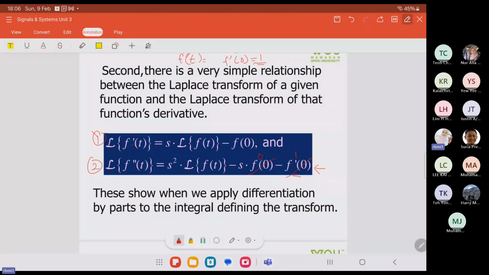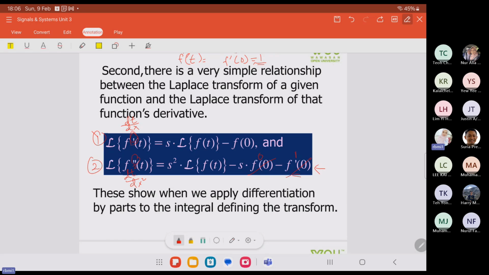You must look and observe here. This is for the first derivative, meaning the derivative is dy over dx. For example, this is for d squared y over dx squared, which is the second derivative.